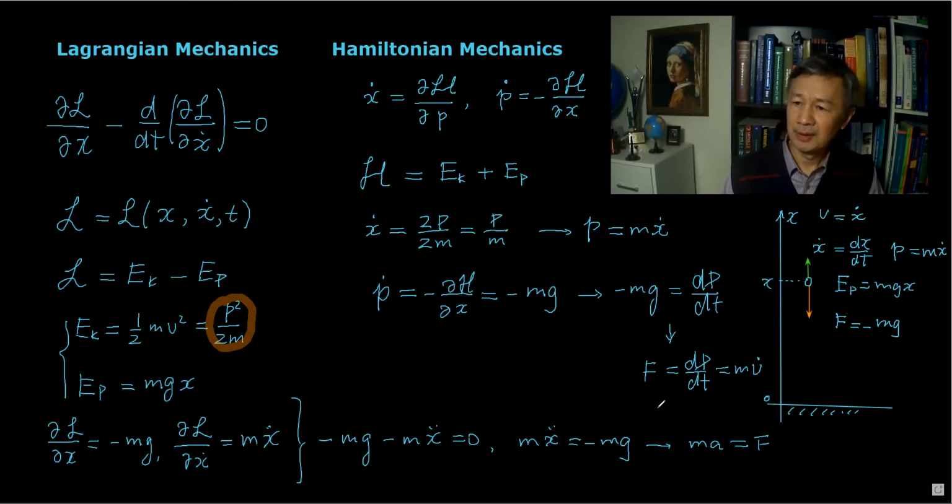So this is Newton's second law. In general, this is the more general form of Newton's law: the total force acting on the object, in this case a single particle, equals m multiplied by the acceleration.